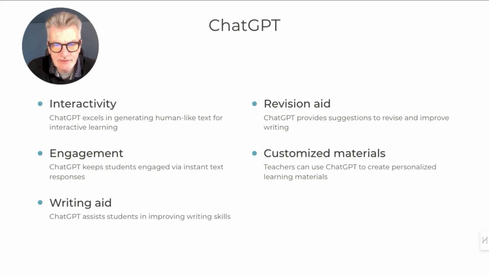As we've seen, ChatGPT, developed by OpenAI, excels in generating human-like text based on the prompts that it receives. This capability can make learning more interactive and engaging for students by providing instant responses to their queries, simulating discussions, and facilitating role-play exercises in subjects such as history or literature.